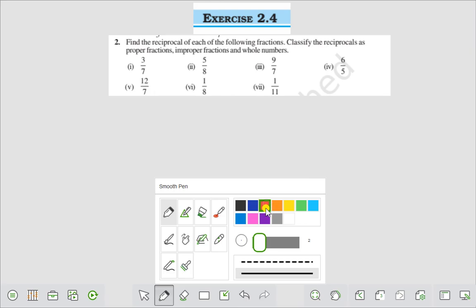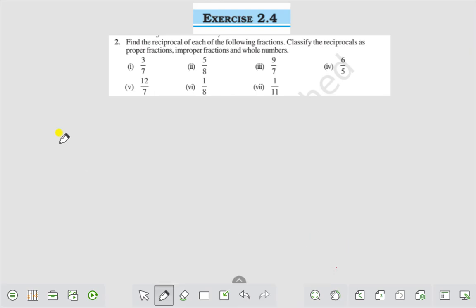Here we shall find. Number 1 is 3 by 7. The reciprocal of 3 by 7 is 7 by 3.